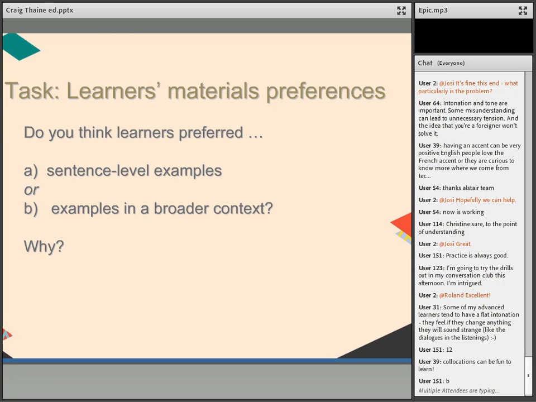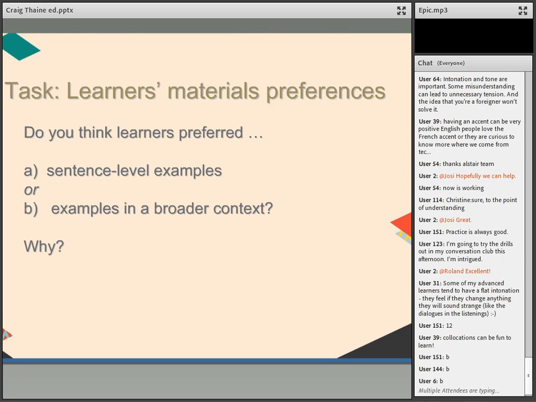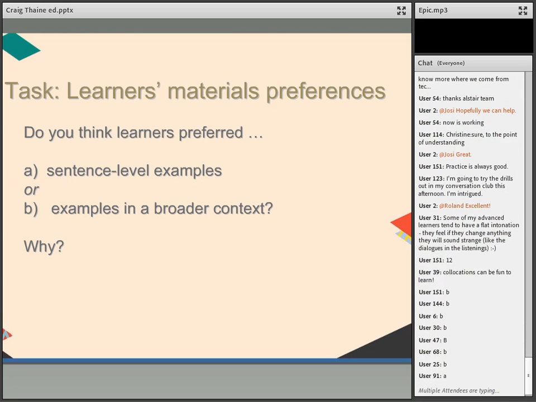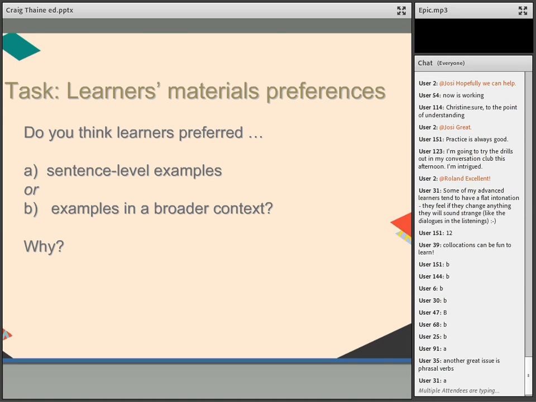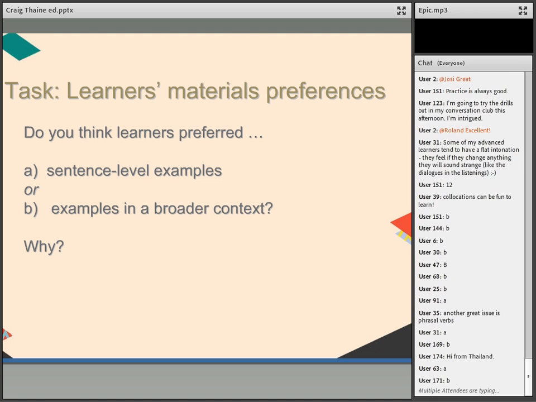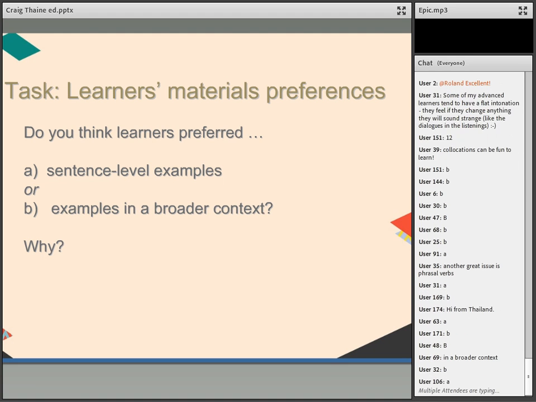So do you think learners preferred the activities with only sentence level examples or examples in a broader context? And why do you think that's the case? So we've got quite a few B's, a few A's coming through.